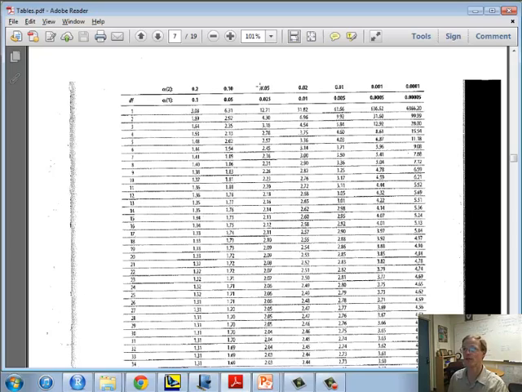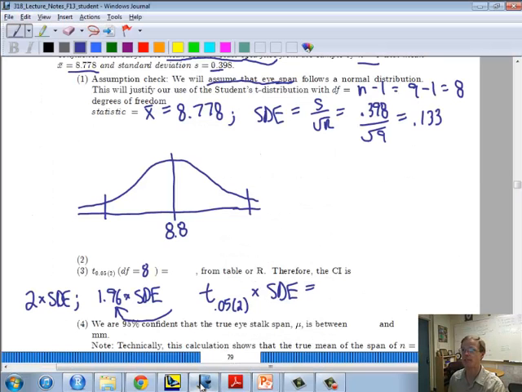So this 5% column is spread on 2 tails. If you only did 1 tail, then you can see that that would be 2.5% on 1 tail. So that's how the columns work. 2.31 is the number that I need for my 8 degree of freedom t-distribution.